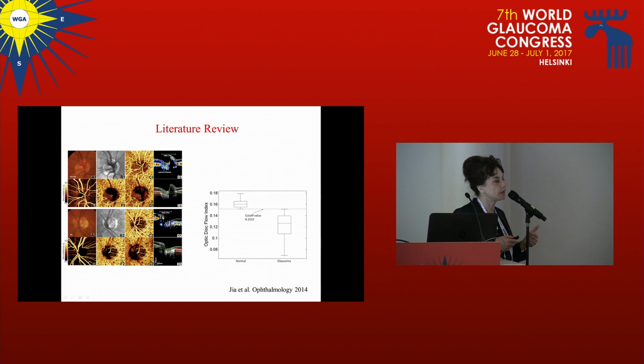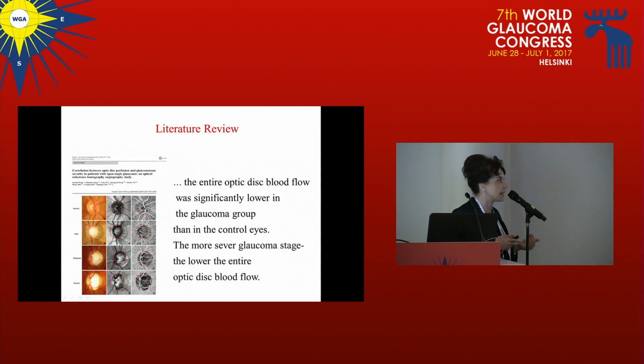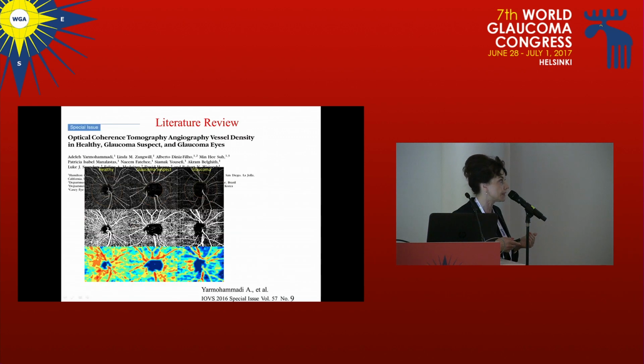The first paper was published by the author of this method, who revealed a very significant decrease of vessel density and blood flow in the optic nerve head in early glaucoma compared to normal eyes. Later, other authors revealed the link between the parameters of OCTA in the optic nerve head and the severity of the glaucoma process.